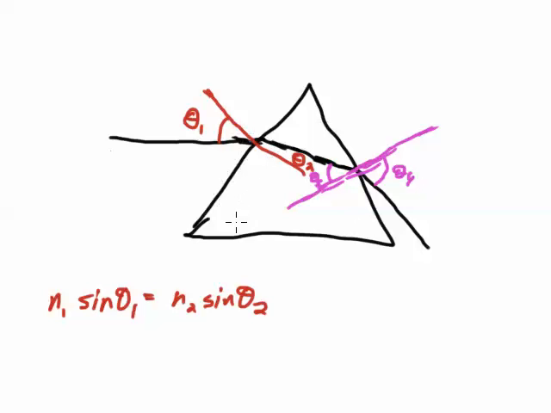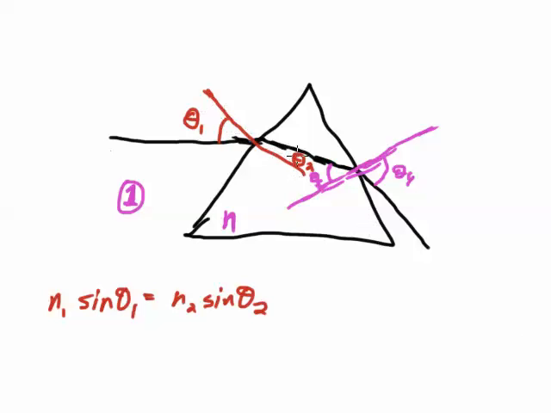And I'm going to call the index of refraction inside the prism n, and that outside I'm just going to say is 1, because this is going to be air. I'll make it a stylized one, so that if you decide to put it in water or some other liquid, we'll still have that information in the equation.